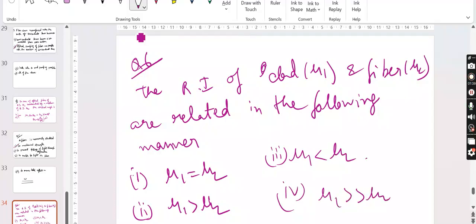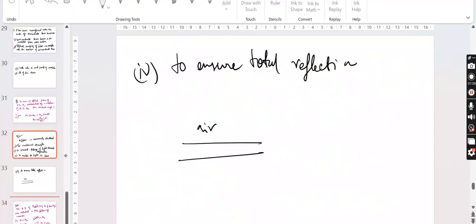So we need denser to rarer medium. So basically mu1 has to be less than mu2. That is the answer.